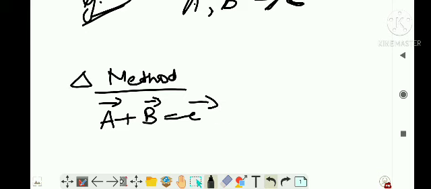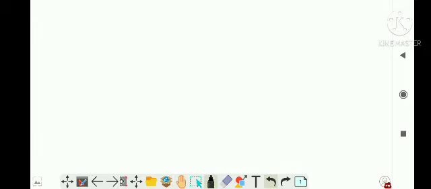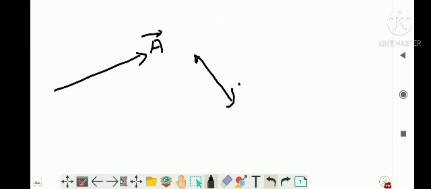So first, how will we deal with the triangular method? It's very easy, guys. See, we are not finding the magnitude, we are finding the direction. I have vector A in this direction and let's say vector B is in this direction, right?